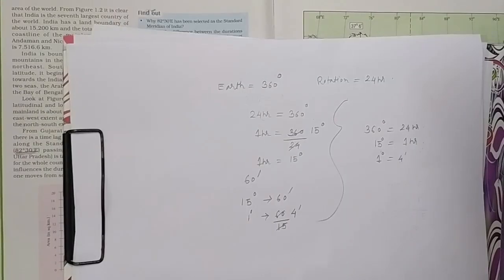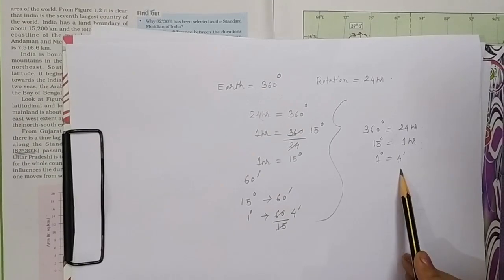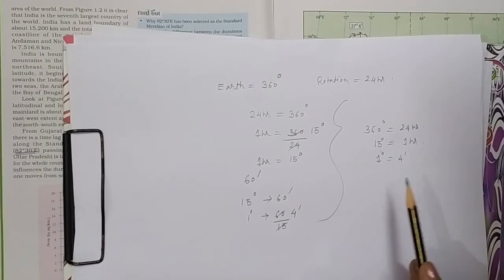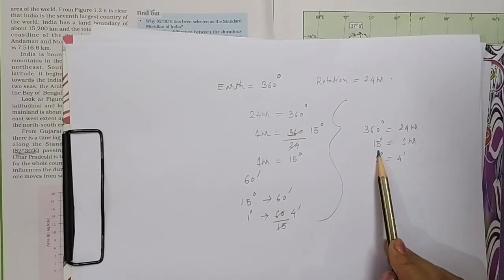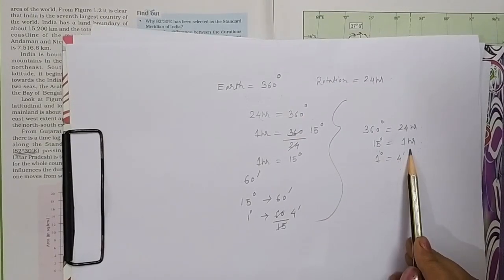Now tell me, if the difference in longitude between any two places is 1 degree, then the difference in time will be 4 minutes. Similarly, if the difference in longitude is 15 degree, then the difference in time will be 1 hour.